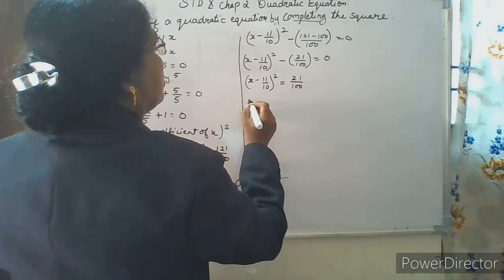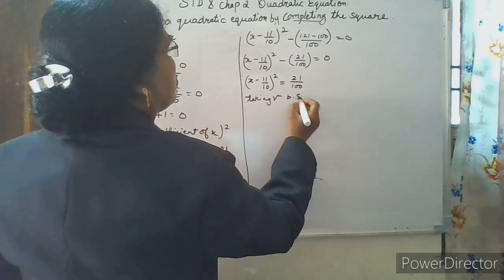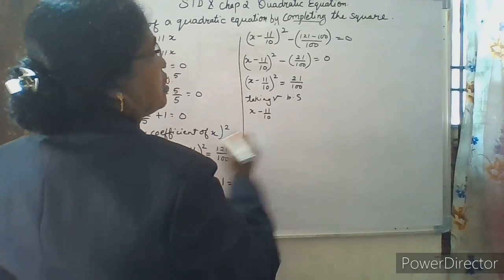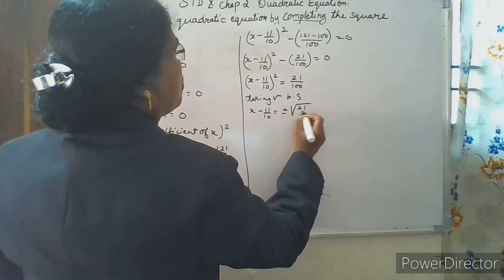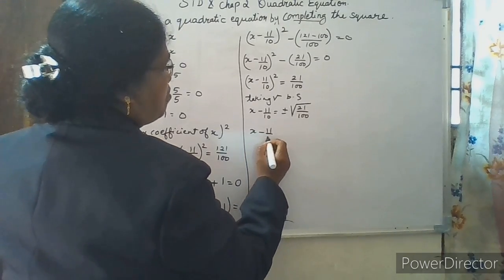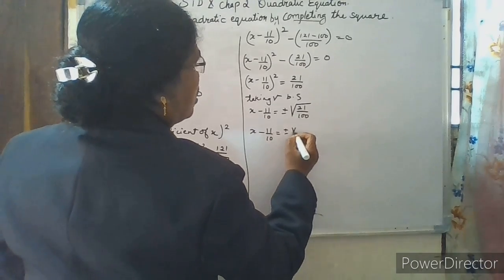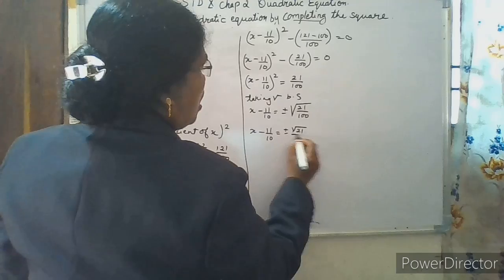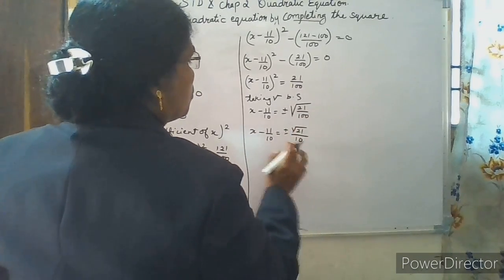Now taking square root on both the sides, x minus 11/10 is equal to plus or minus root of 21/100. Now x minus 11/10 is equal to plus or minus root of 21, because 21 is not a perfect square number, by 10. Taking square root, the square root of 100 is 10.